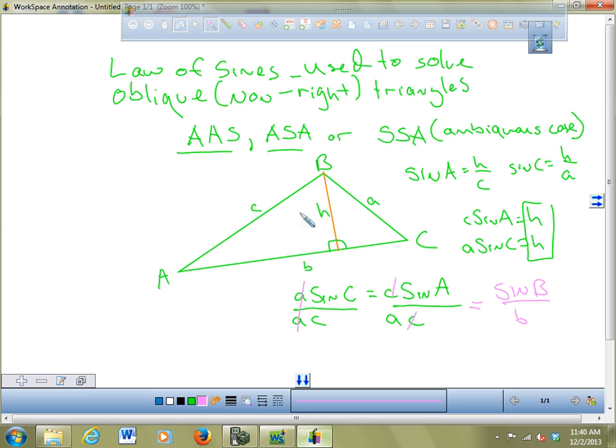The sine of an angle over its opposite side is equal to the sine of another angle over its opposite side, which is equal to the sine of this angle over its opposite side. Follow that? That's the law of sines.